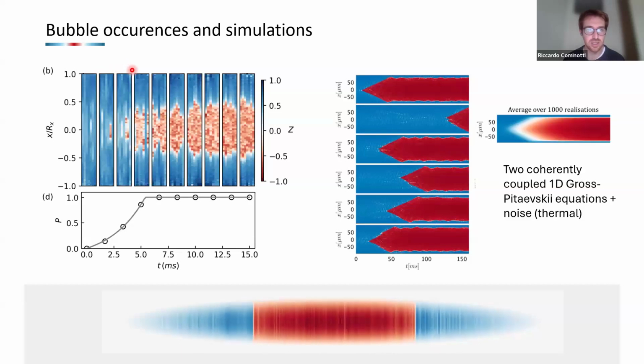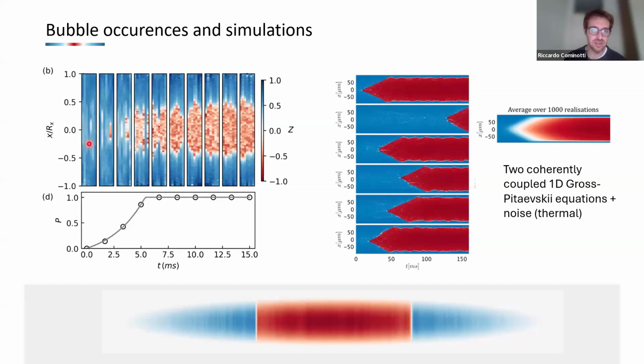Now, as long as we wait a little bit longer, the transition occurs much more often. And at late times, when we take a photo, we always see a bubble which has formed and expanded.